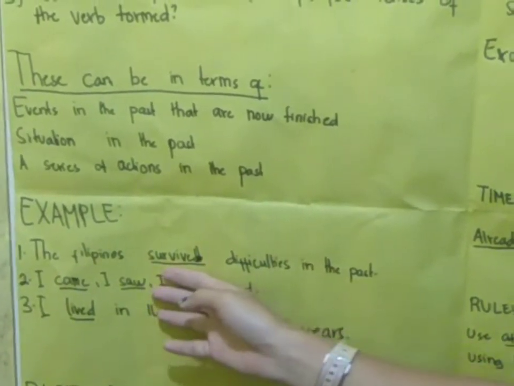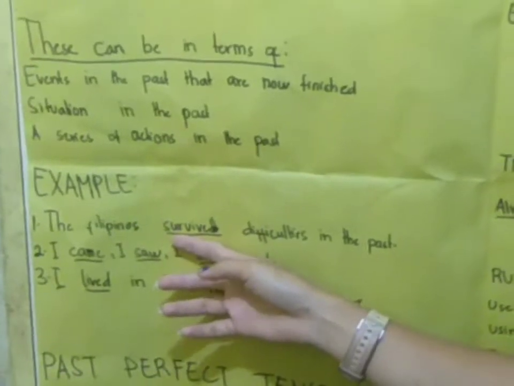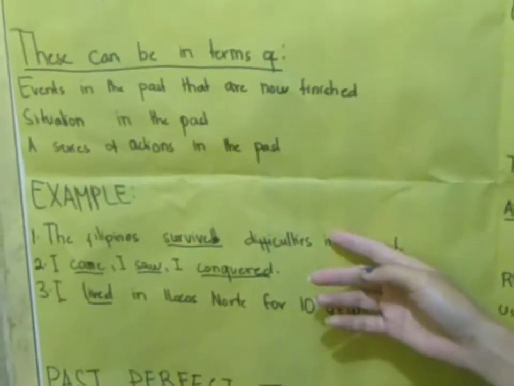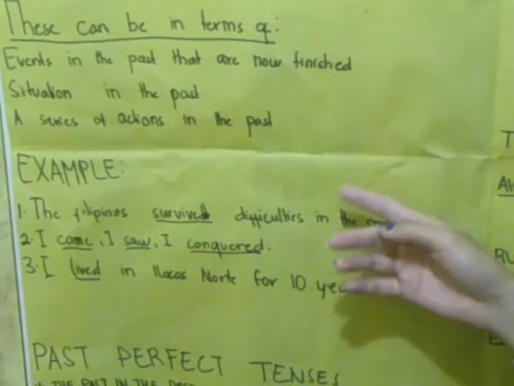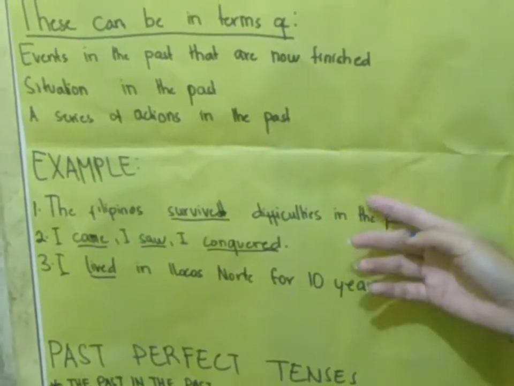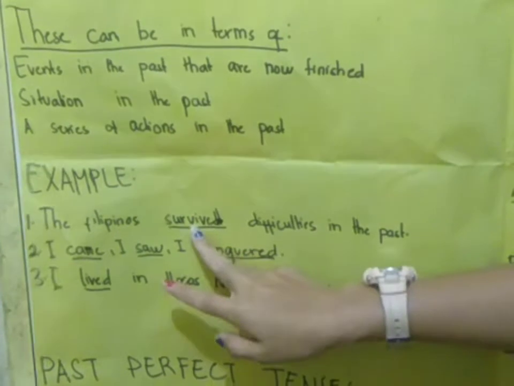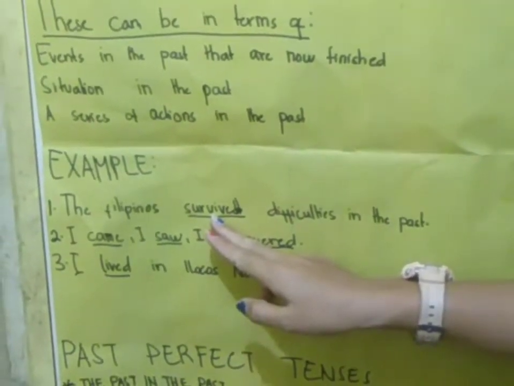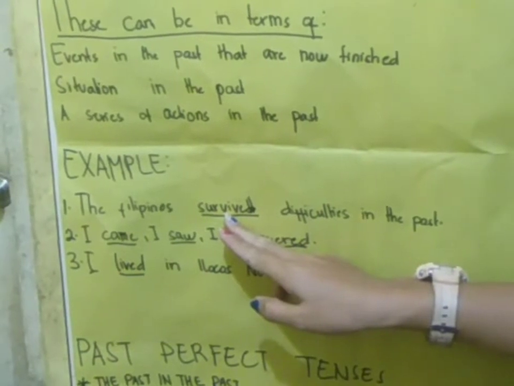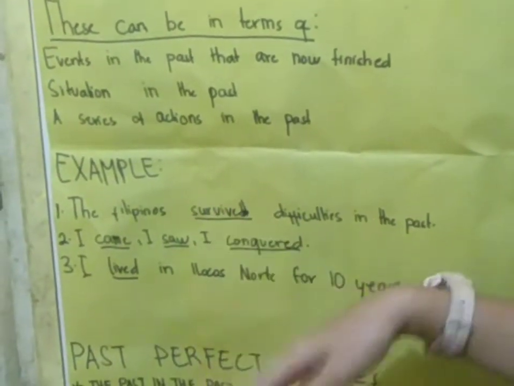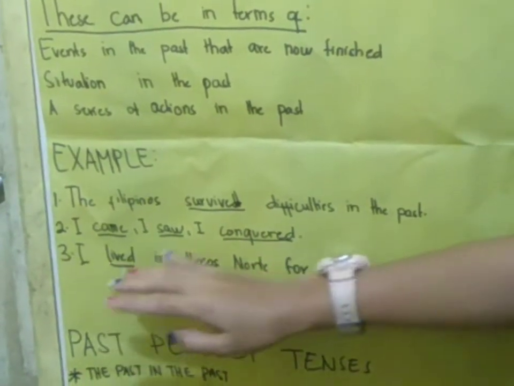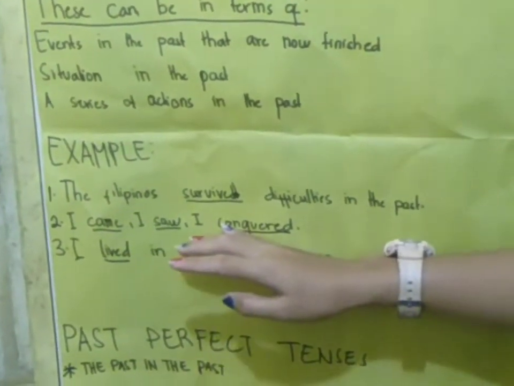As you can see, we underline the word survived. This example tells us something that happened in the past and is now finished. And we use the verb in the simple past form, which is survived. Number two: I came, I saw, I conquered.